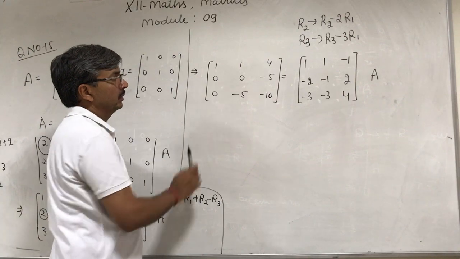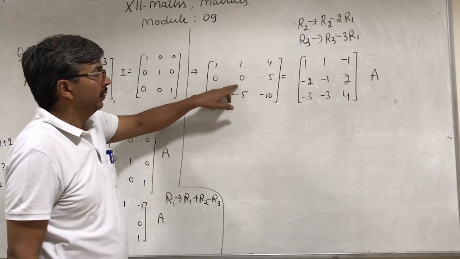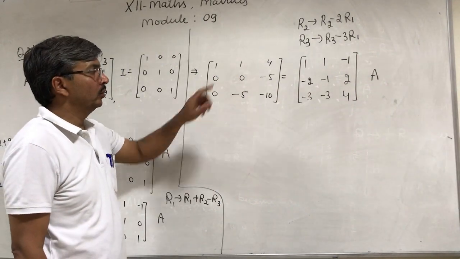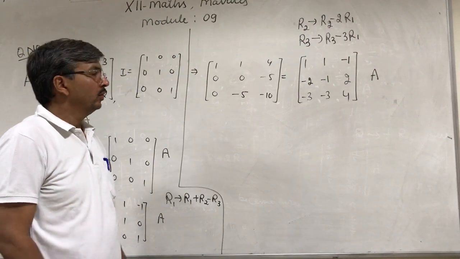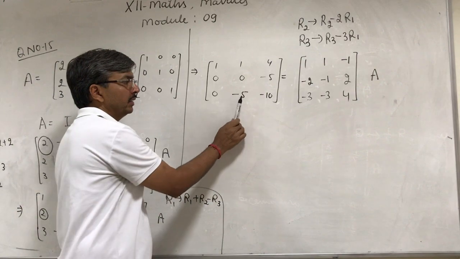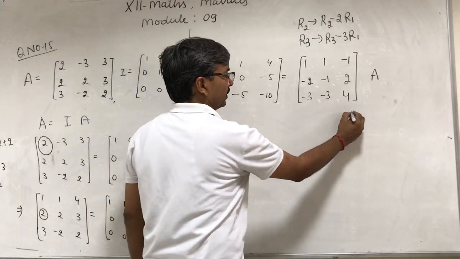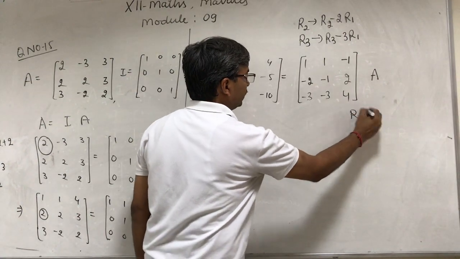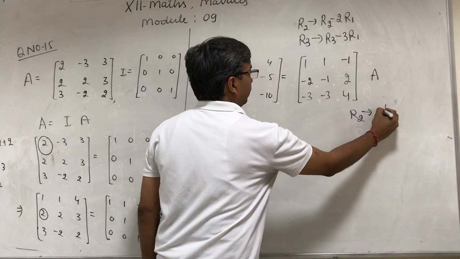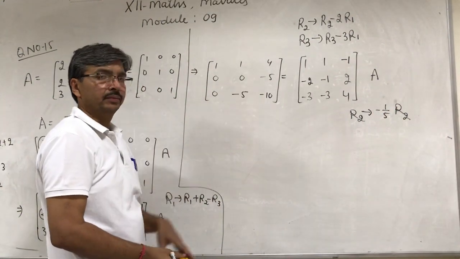Now see here, we need here 1 and we got here 0. So first of all we will make this 1 and we will make this 1. So we can change here R2 change to minus 1 upon 5 R2. This will become 1.